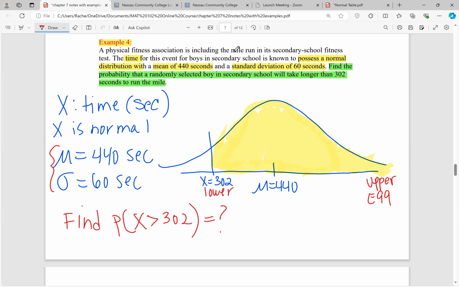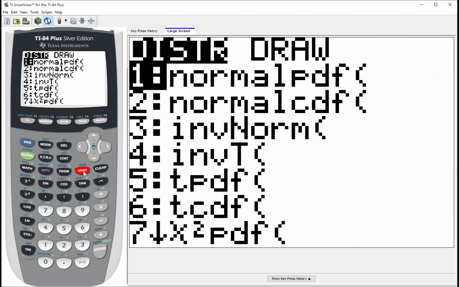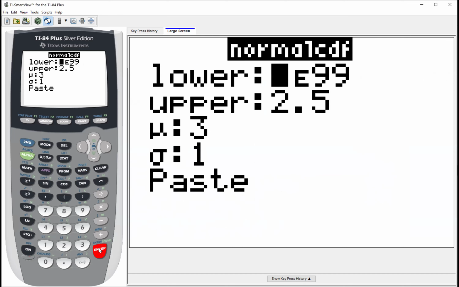So now we're ready to plug in to the calculator. So we said the lower is going to be 302, the upper is E99, the mean is 440, and the standard deviation is going to be 60. So let's pull up normal CDF. So second and then the vars key. It's option 2.